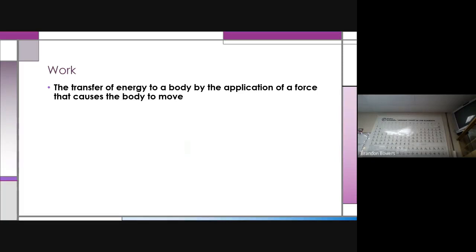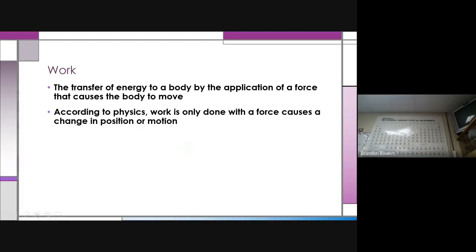Am I doing work? The application of a force that causes a body to move. Is there any work being done on that marker? No, it's not moving, right? So something has to move for work to be done. Sound good? That's the definition of it.